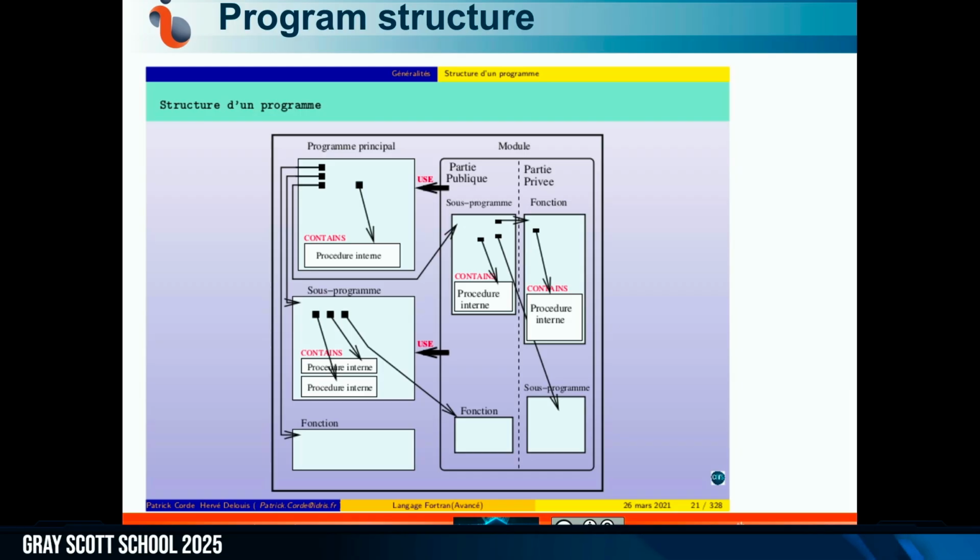But when you look at this scheme for a modern Fortran program, taken from the IDRIS lecture from Patrick Corde, you will see that you have your main program with internal sub-procedures, subroutines, and using modules shared between a public part and a private part.